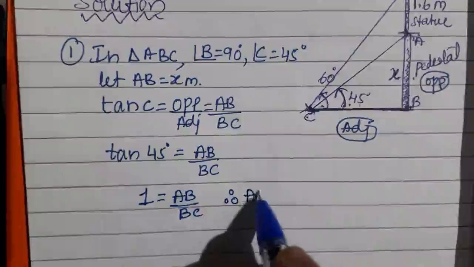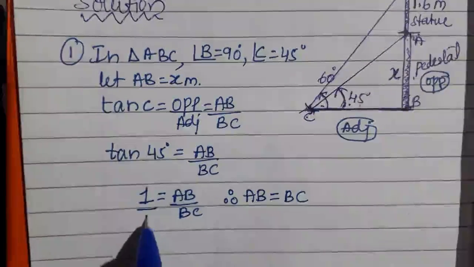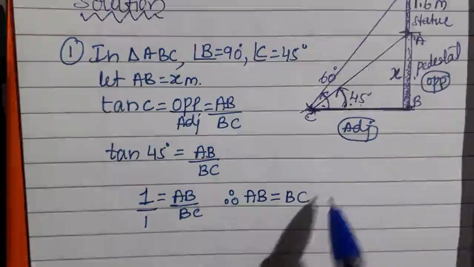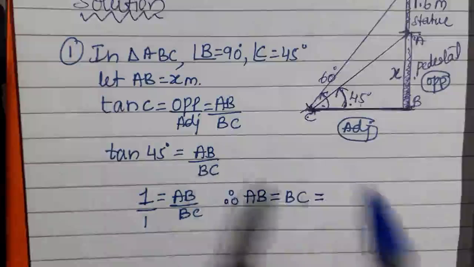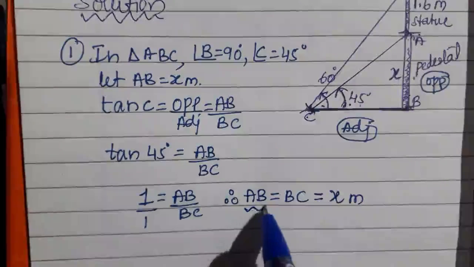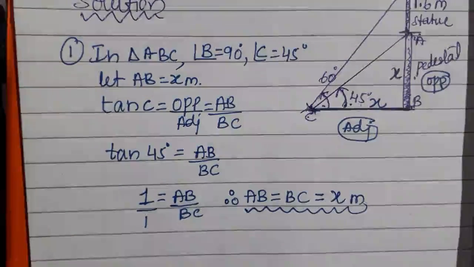Therefore, I can definitely say AB is equal to BC. What I have taken for AB? x. So AB is equal to BC is equal to x meter. So I came to know even BC is x meter.